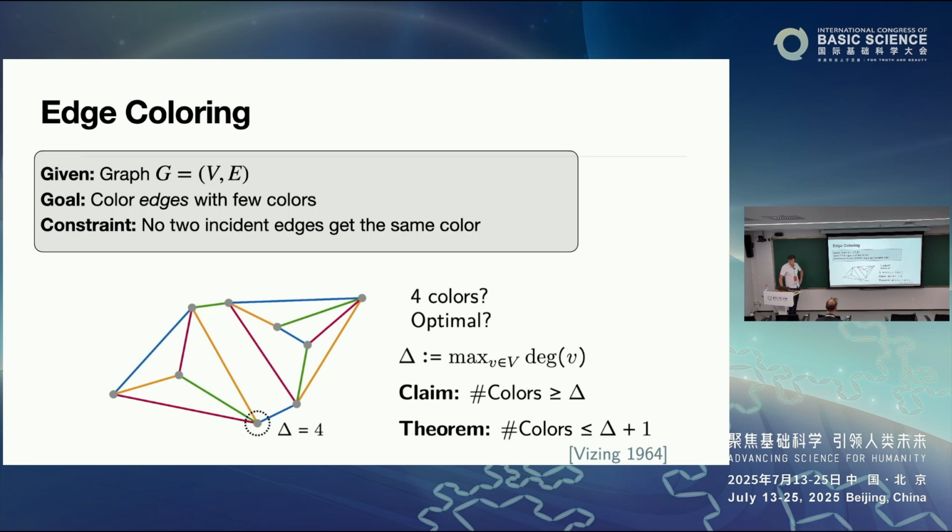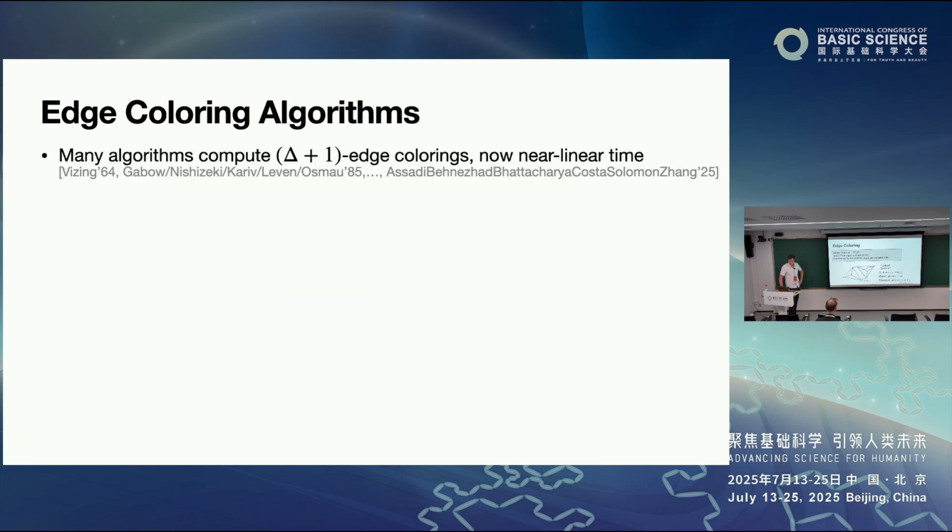All right, so if you look at algorithms, this theorem actually gives a polynomial time algorithm, and you can actually edge color the graph with delta plus 1 colors.